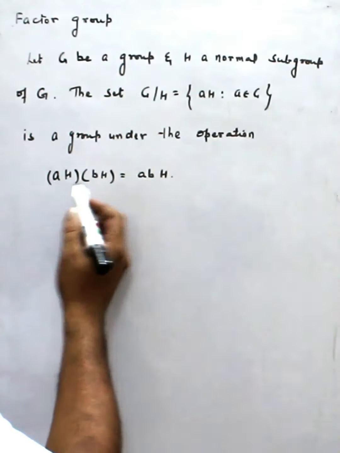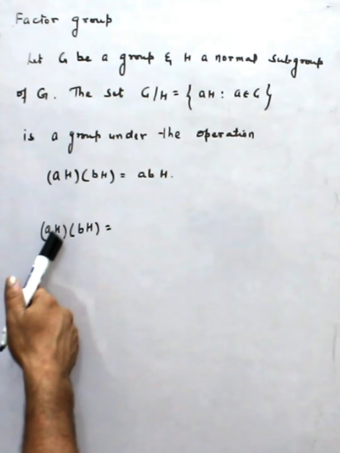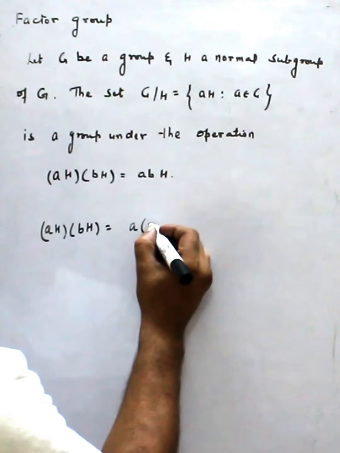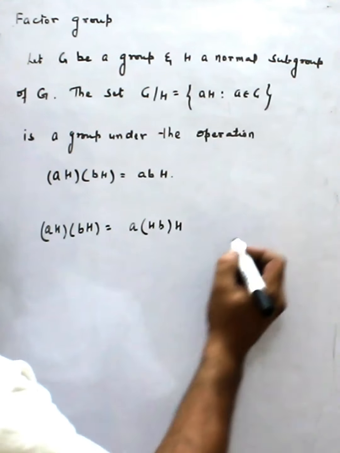That means if we operate this, can we find this result? A simple technique we can adopt: if I take aH bH, because all the elements in aH bH are from G and G is associative, I can write a(Hb)H.